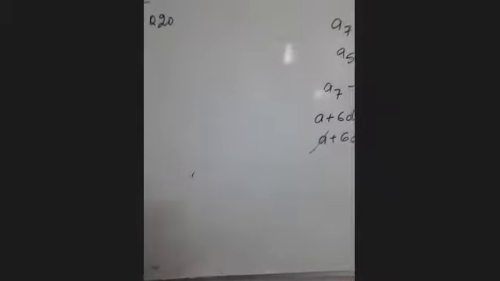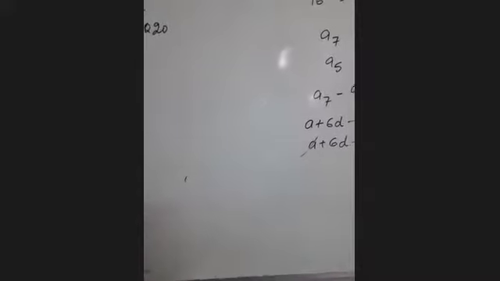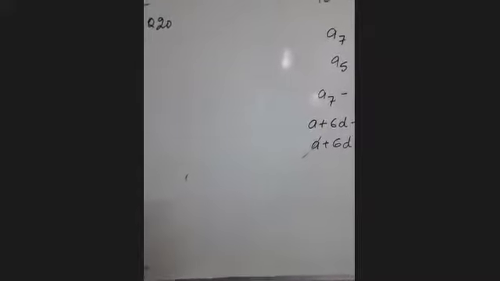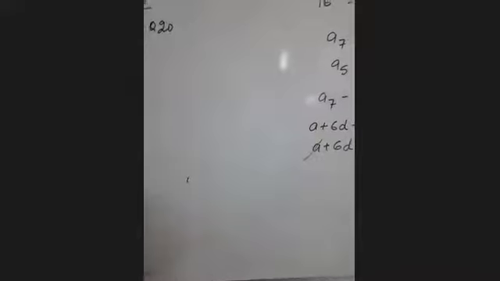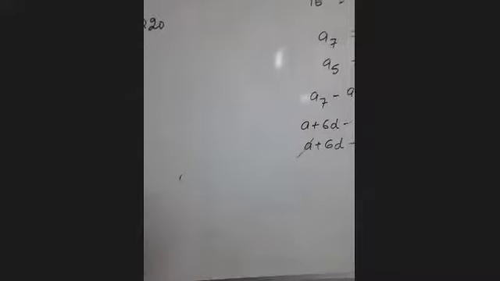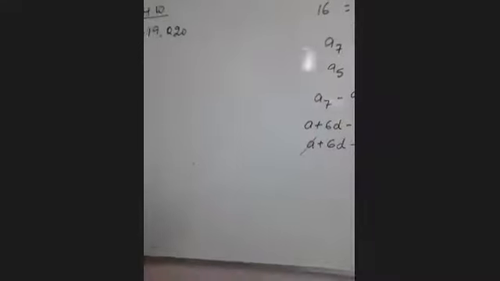So we are given a situation where Subba Rao starts working from 1995 at an annual salary of rupees 5,000. So 5,000 will be a, and as he is having an increment of rupees 200 each year, that 200 will be the common difference.